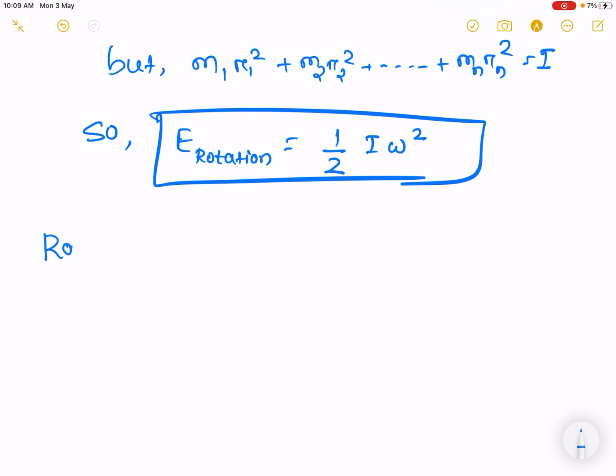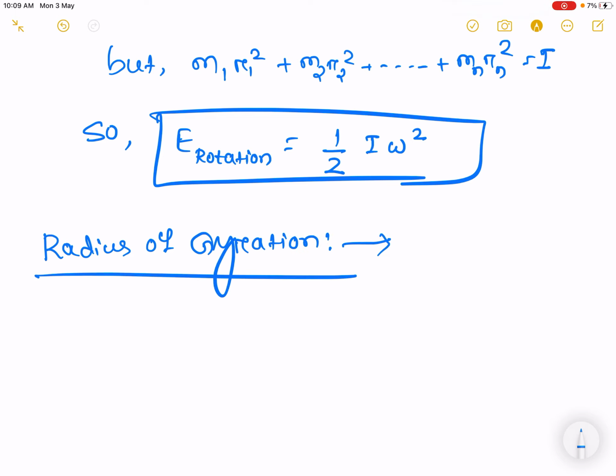Now we will discuss radius of gyration. What is the meaning of radius of gyration? All of you remember. Radius of gyration is nothing but a distance. Which type of distance?